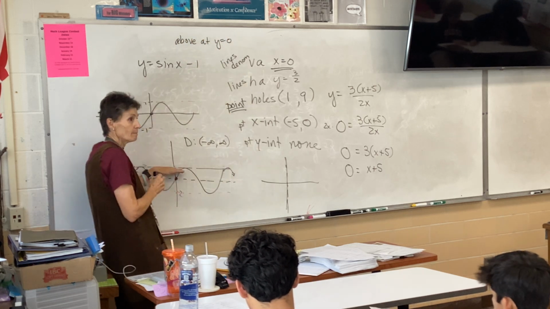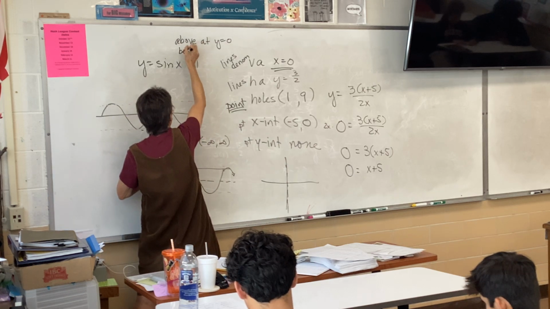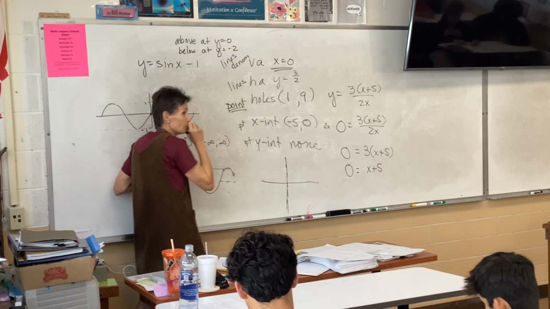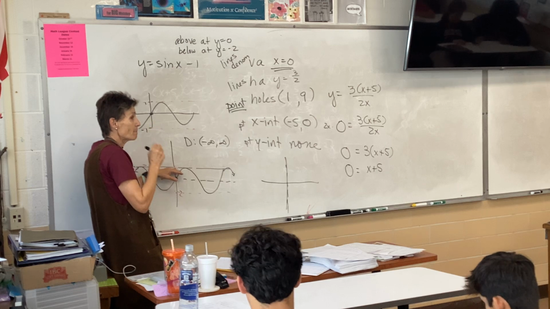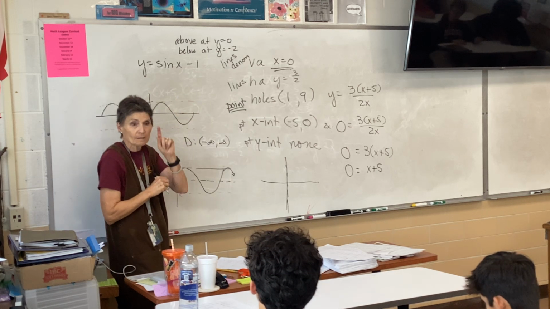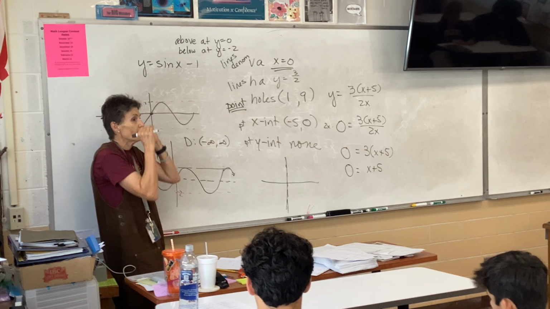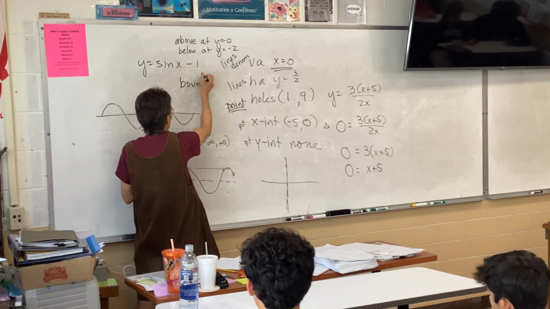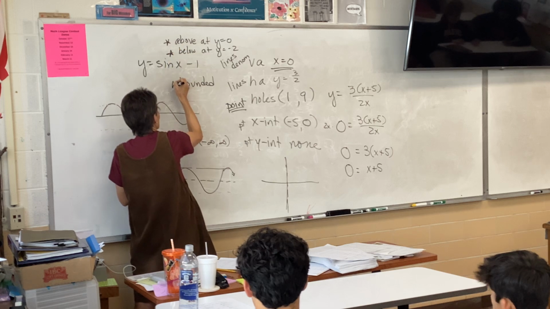Wasn't that our ceiling? And we'll say it's bounded below at y equals -2. And if you are bounded above and below, you are considered bounded. That's what bounded means. So this is bounded.